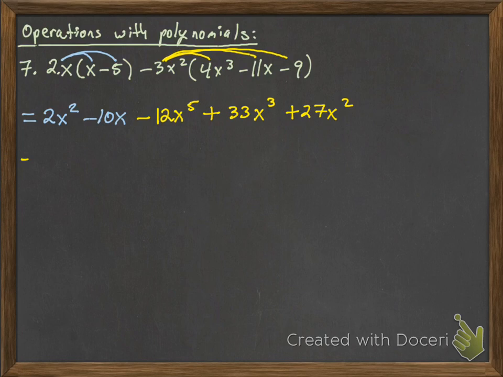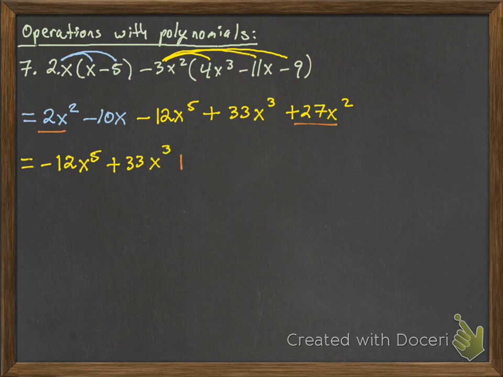Like terms have the exact same variable with the exact same exponents. And I'm going to go after the largest exponents first, and we're going to write it in what's called descending order. So the first one is x to the 5th is the largest one, so negative 12x to the 5th. I don't see any 4th powers, but I do see a 3rd power, plus 33x cubed.